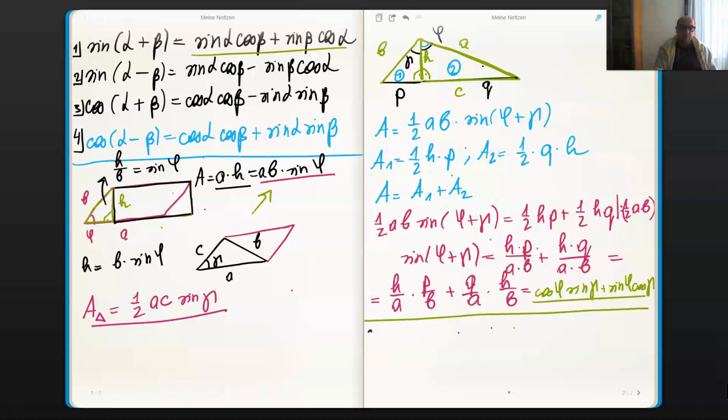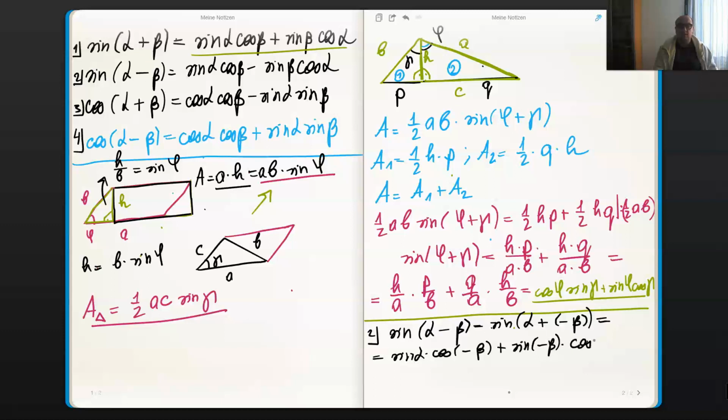Well, the second formula is just an application of the first one. We're just writing sine of alpha minus beta as sine of alpha plus minus beta, and we apply the formula we previously proved, which means we have the sine of the first angle times the cosine of the second one, which is minus beta in this case, plus the sine of the second one times the cosine of the first. Now if you remember, we proved that the sine is an odd function and the cosine is an even function.